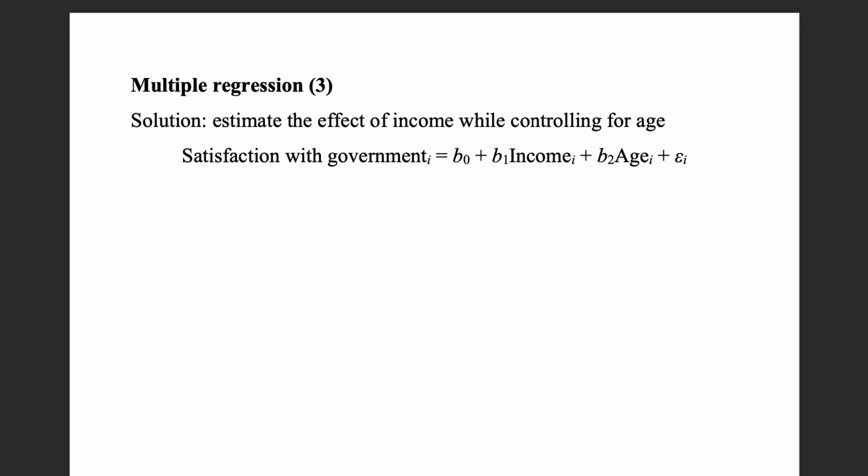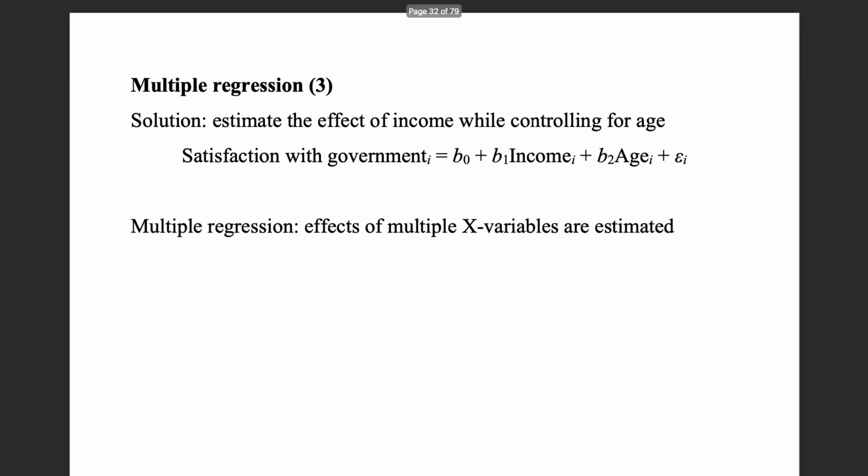So this is basically why multiple regression is really, really useful if you want to make stronger claims about causal effects, because it allows you to do that. By including a variable in your model, you are controlling or adjusting for differences on that variable between your cases. So that's basically the idea of multiple regression, the multiple coming from the fact that we are estimating the effects of multiple x variables at the same time. That's why it's called multiple regression.